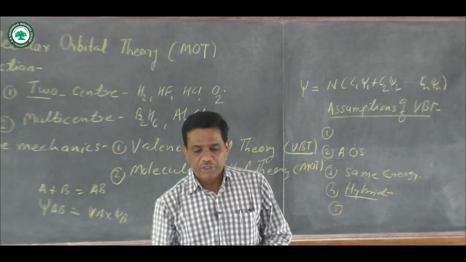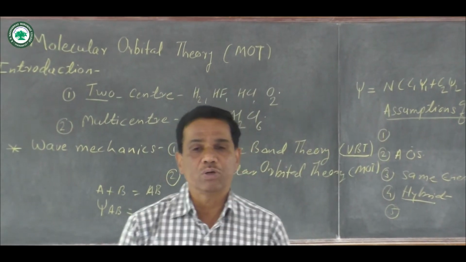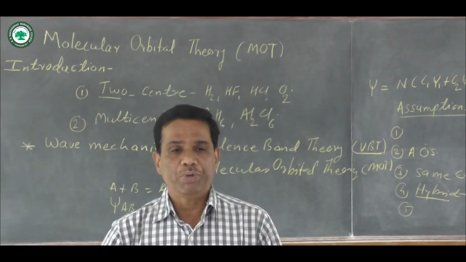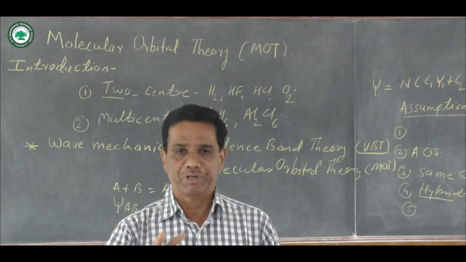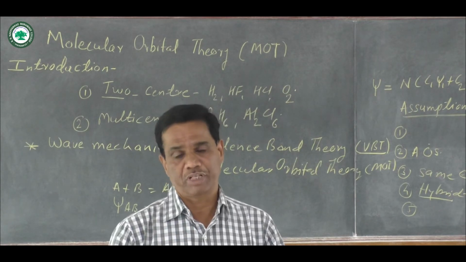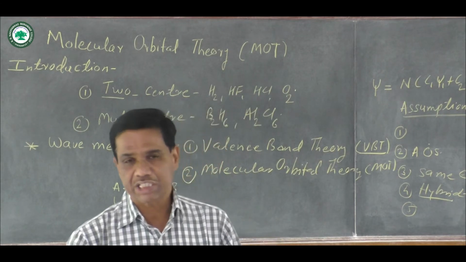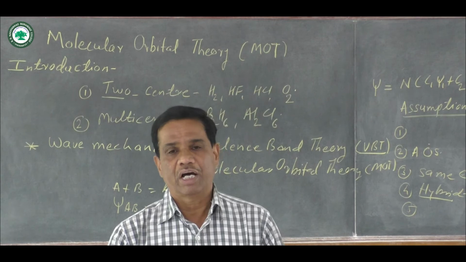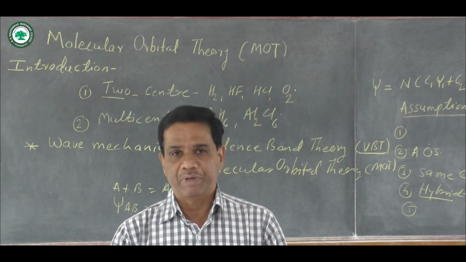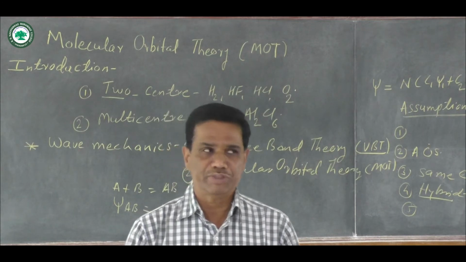Then the fourth assumption is that their symmetry is maintained. You know that s orbitals are spherical in shape and they are all over positive. P orbitals are dumbbell shaped. The first three d orbitals are lobe shaped, and the remaining two d orbitals, dx square minus y square and dz square orbitals, are dumbbell shaped and lie along the axis, and their symmetry is maintained.